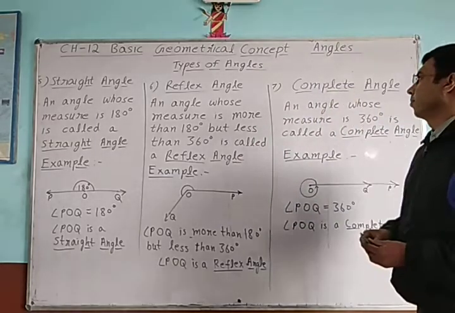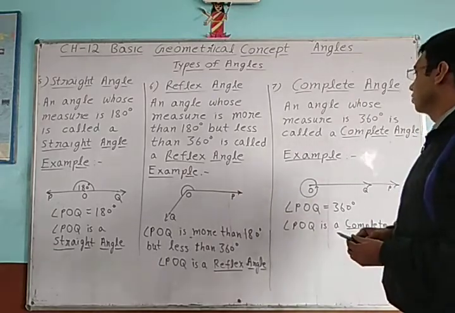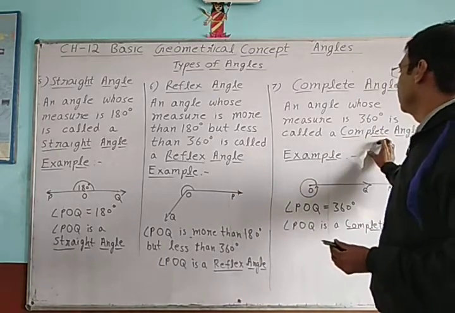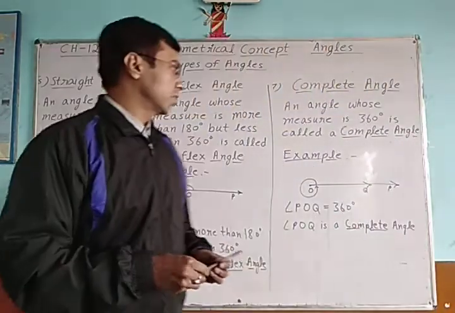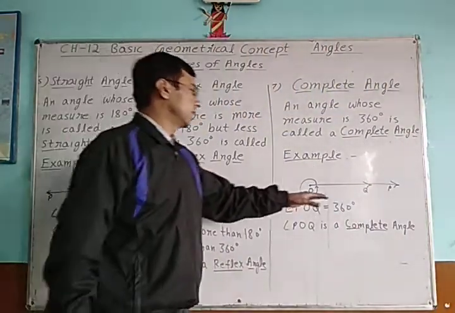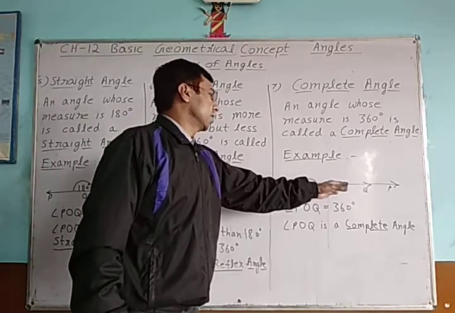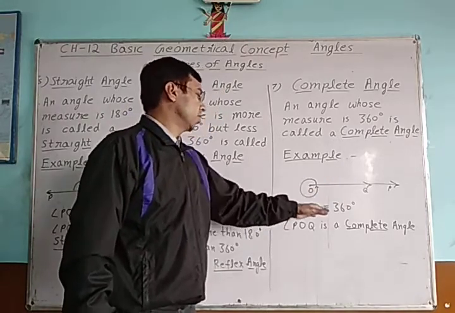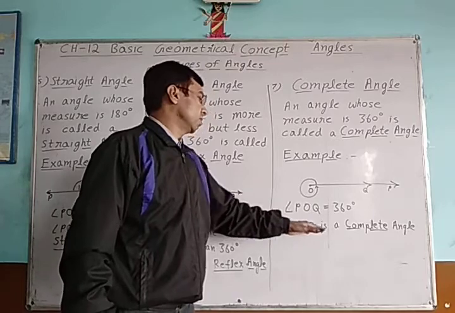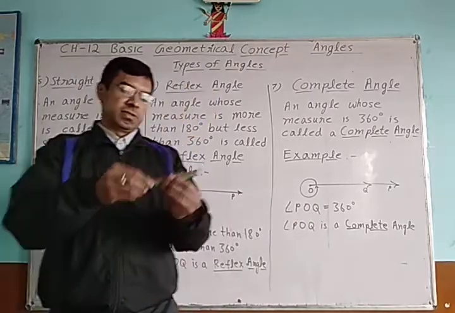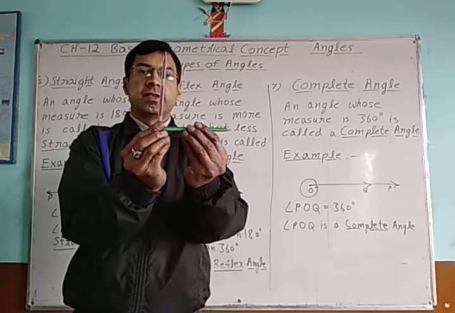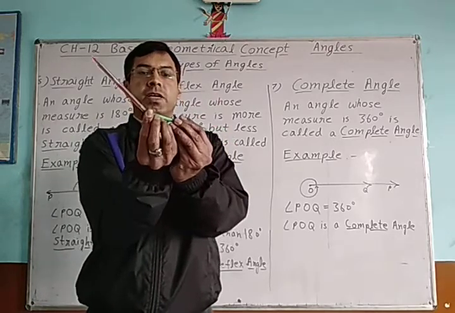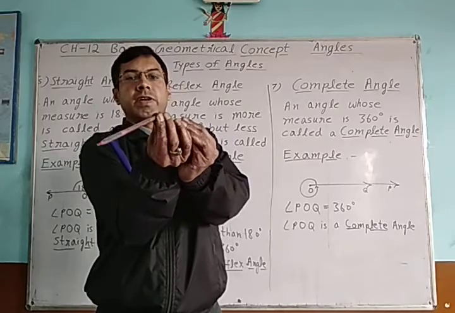Now next, complete angle. An angle whose measure is 360 degree is called a complete angle. Clear, student? You can see in the picture that one arm has made a complete rotation, so angle POQ is 360 degree, so it is a complete angle. Zero angle, acute angle, right angle, obtuse angle, straight angle, reflex angle.